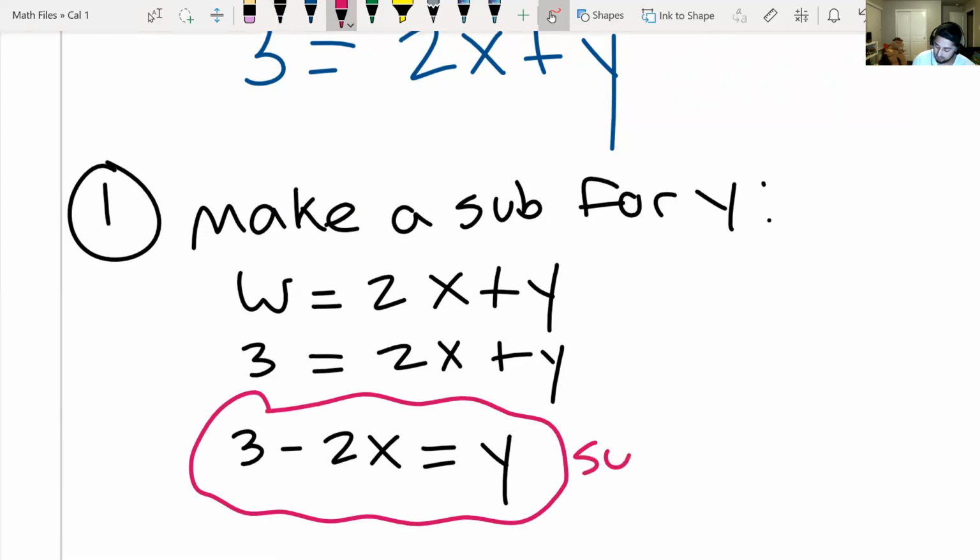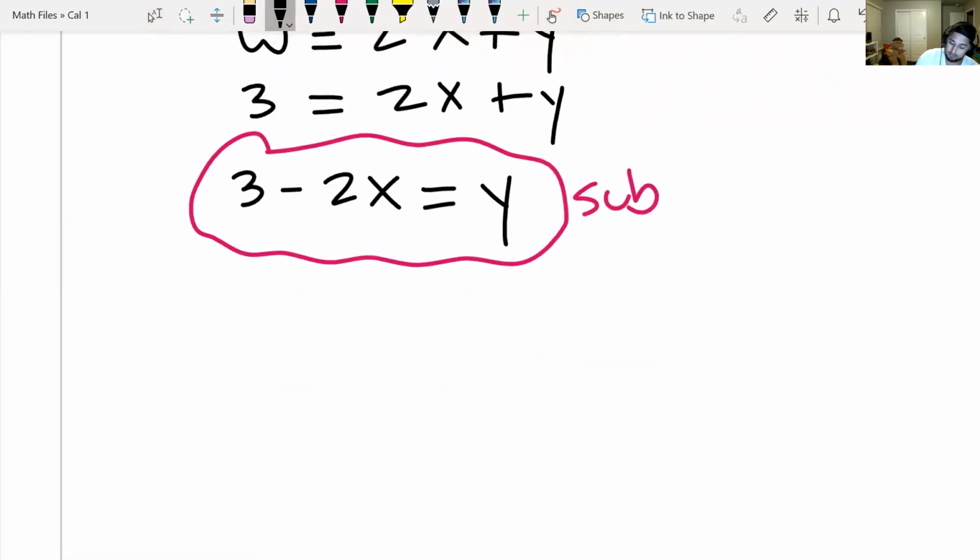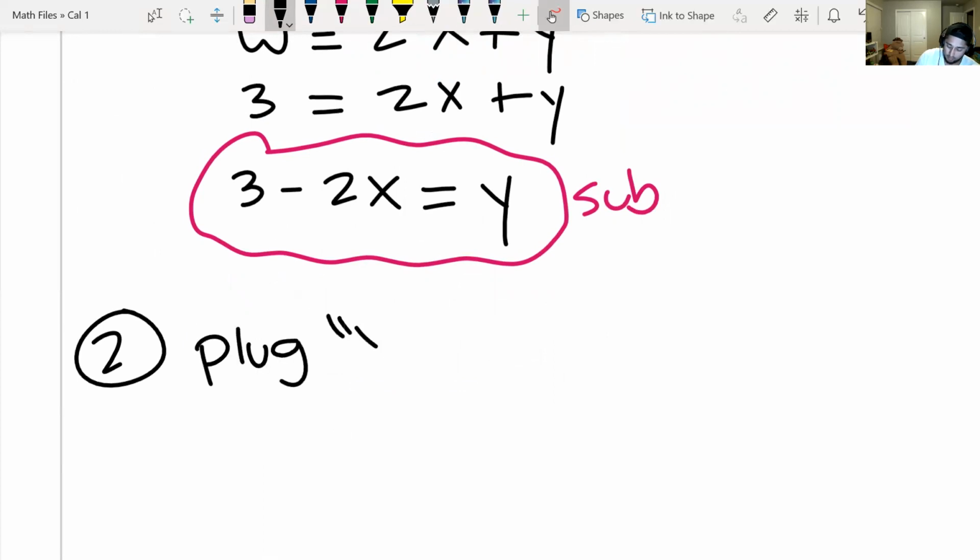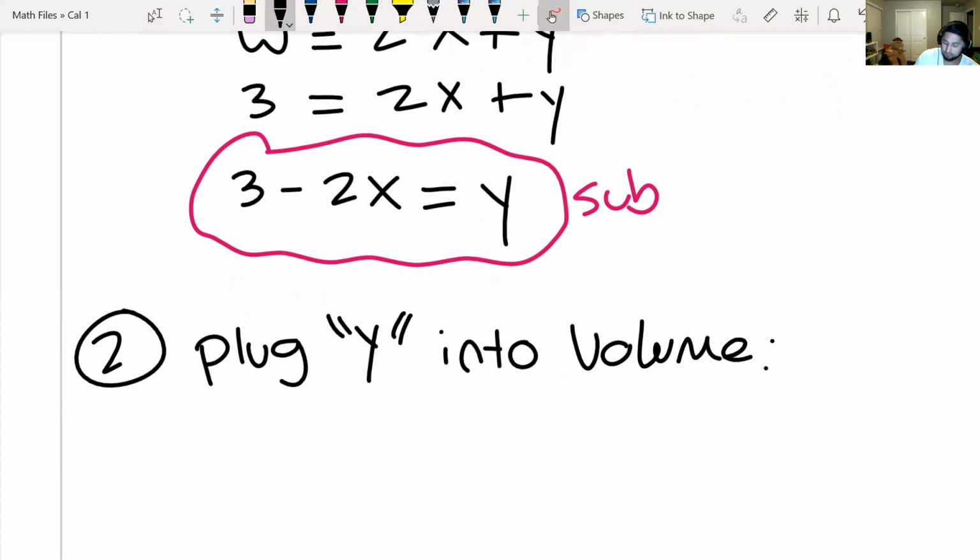Here's my sub, which means step 2, plug y into volume. So we know that volume is given right now by xy squared.